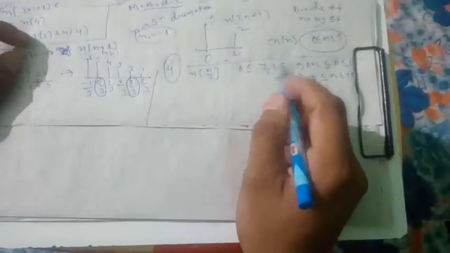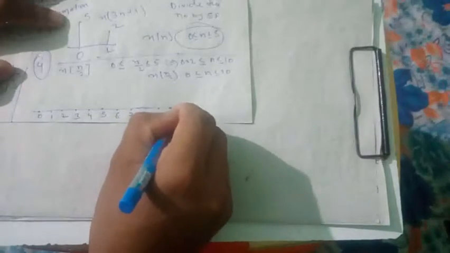See now this. 0 to 10: 0, 1, 2, 3, 4, 5, 6, 7, 8, 9, it is 10.